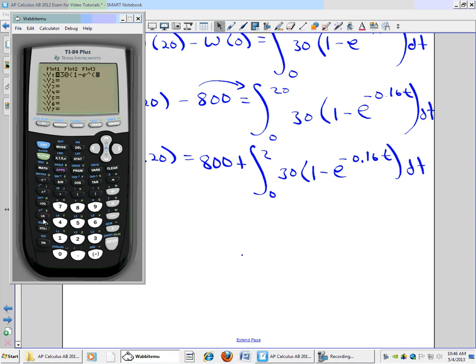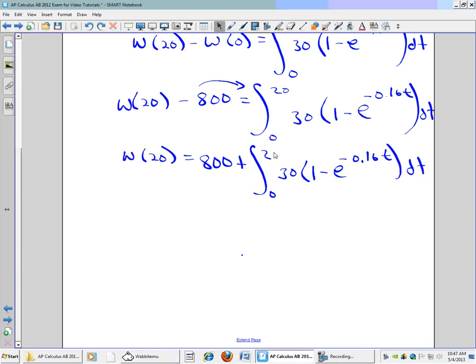We're going to have a negative 0.16, and I'll use x for t, close the parentheses, and close our second parentheses, and hit enter. I'm going to hit graph. I notice in my writing here that I forgot the 0, so let me rewrite that, 0 to 20.